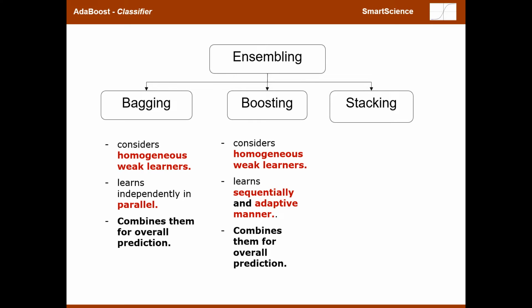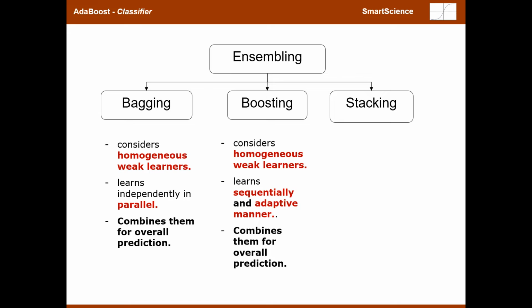Now, when it comes to boosting, one thing we need to keep in mind is that in bagging, these models are in parallel. That means one model would not have any implication on the next model we are building. They don't communicate to each other at all. While in boosting, again, the learners are homogeneous. That means we will stick with one algorithm.